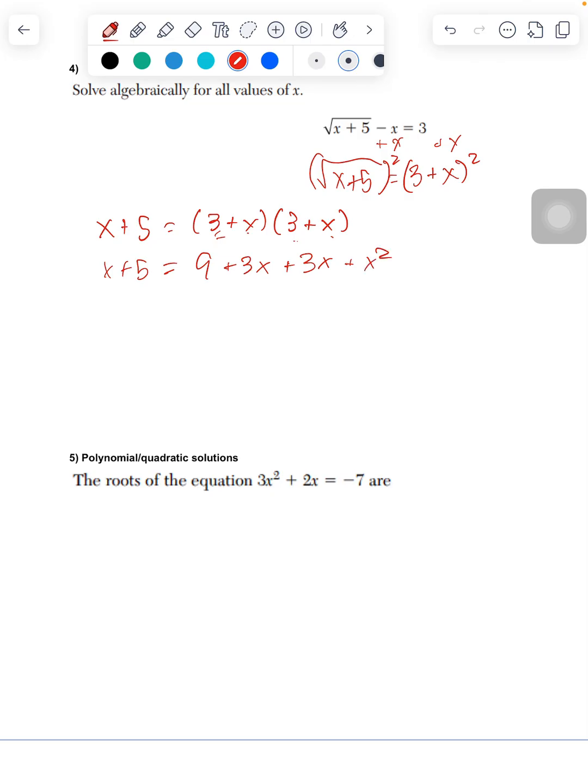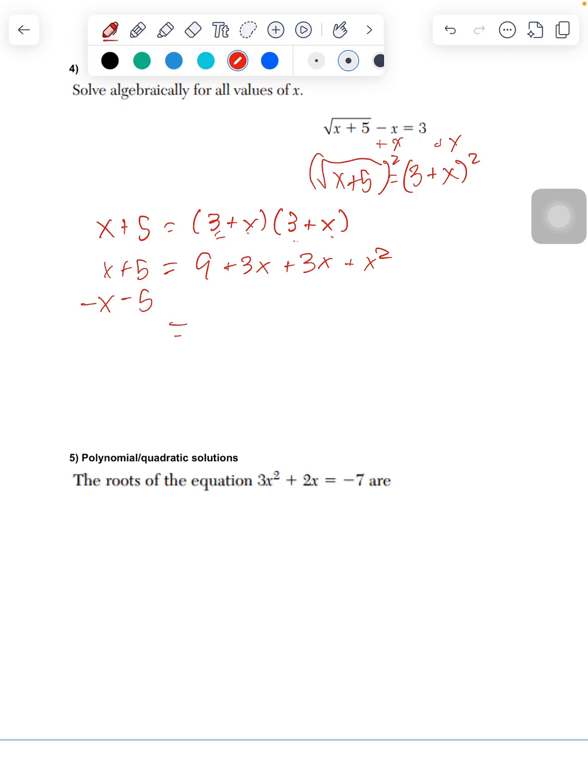All right, so let's combine all the like terms here. This is a quadratic. Let's subtract x from both sides.